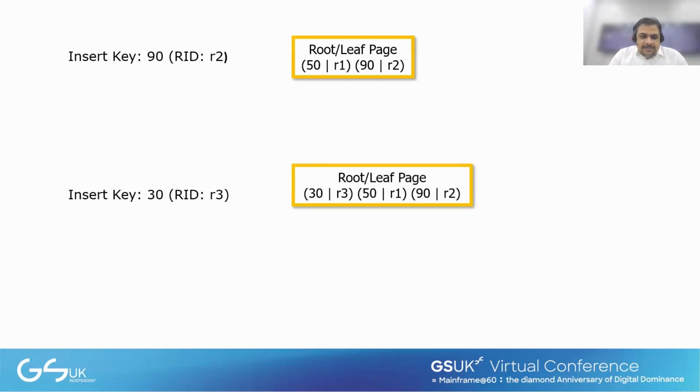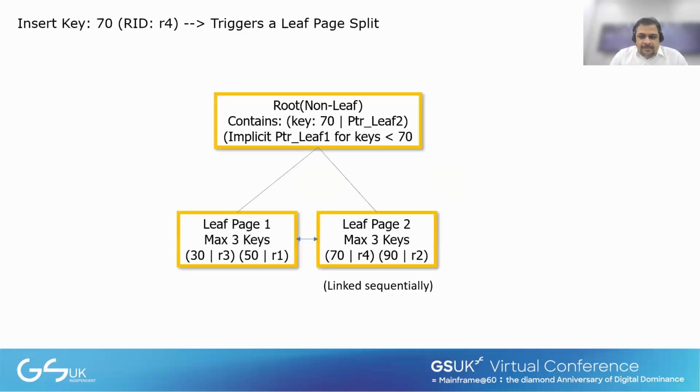As discussed earlier, you can have a maximum of 3 keys in a root or leaf page, so it is now full. The split happens when you try to insert another key. So try to insert 70, row ID 4, and the page is full.